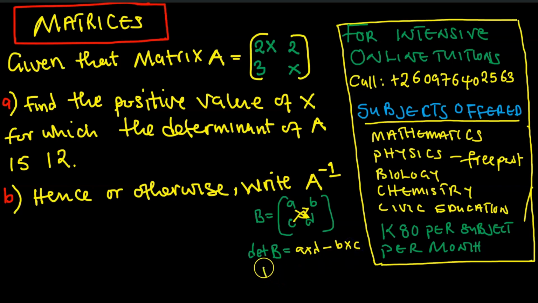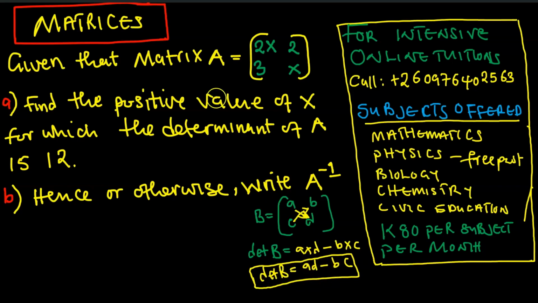Therefore the determinant of the matrix B is equal to ad minus bc. So this is the general formula that you are going to use to find the determinant of a 2 by 2 matrix.